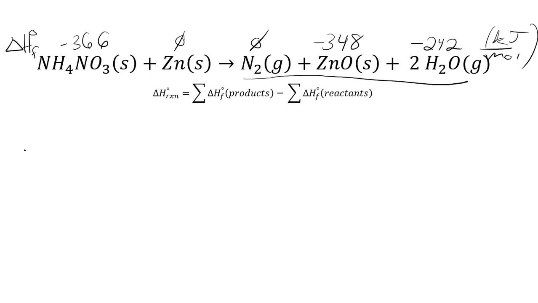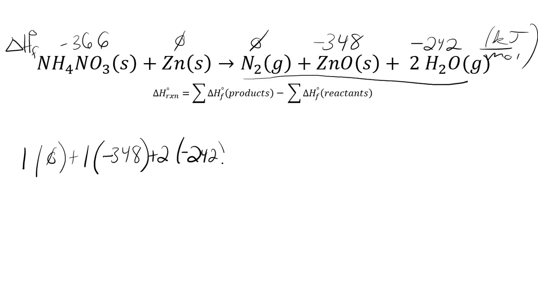So I'm going to go 1 mole of nitrogen times 0 plus 1 mole of zinc oxide times negative 348 plus 2 moles of water times negative 242. Now I subtract out all of my reactants. So minus a negative 366, and that was times 1, so negative 366, and then also minus our zinc, but it's going to be 1 times 0, so it's not really going to matter.